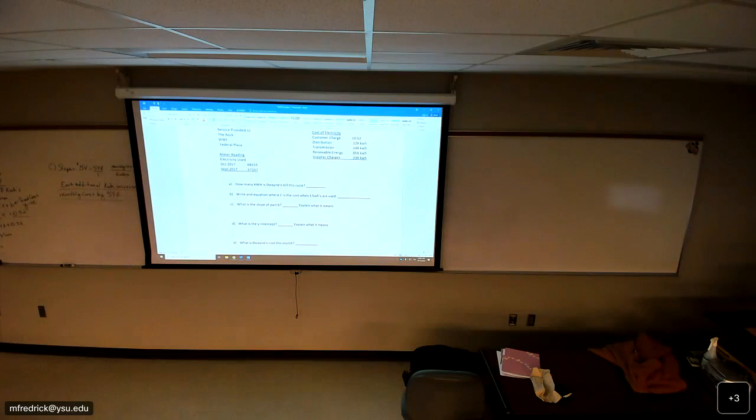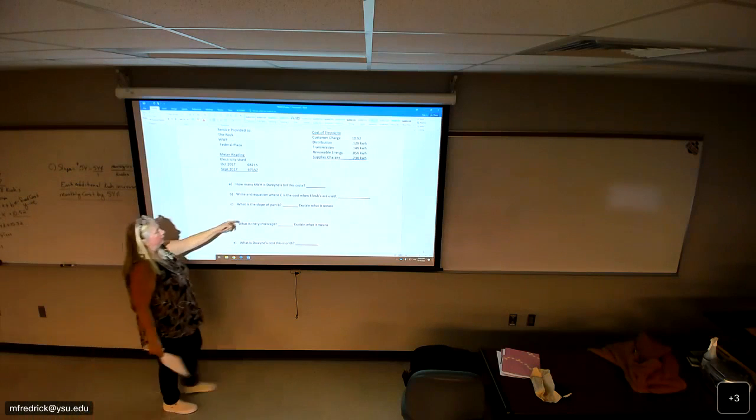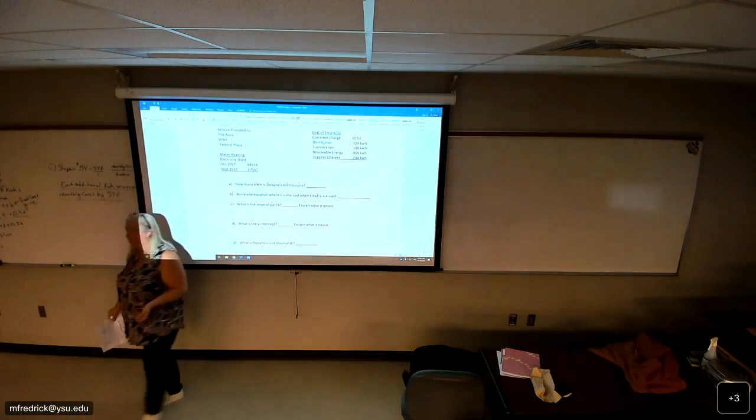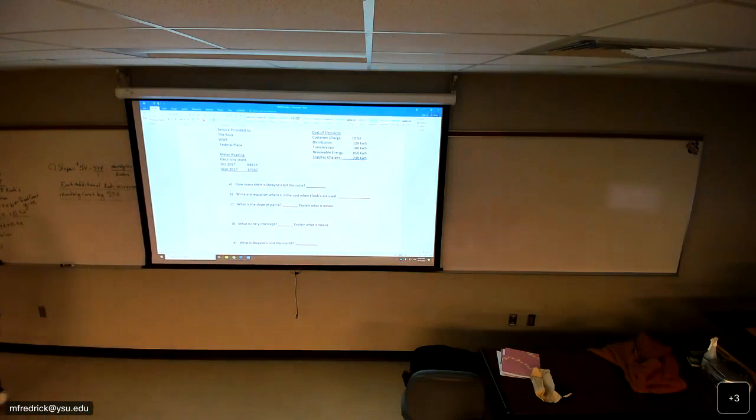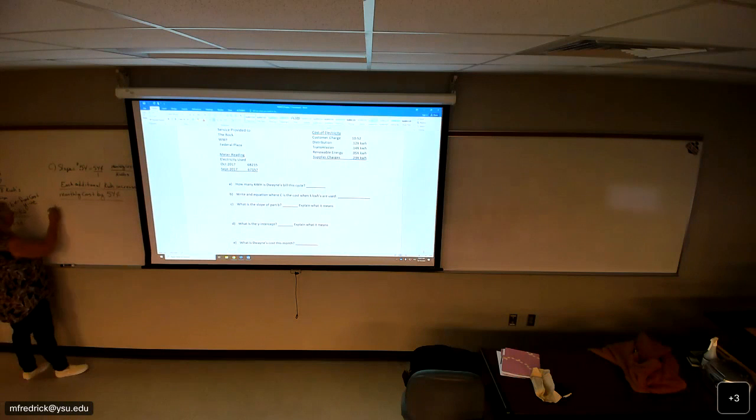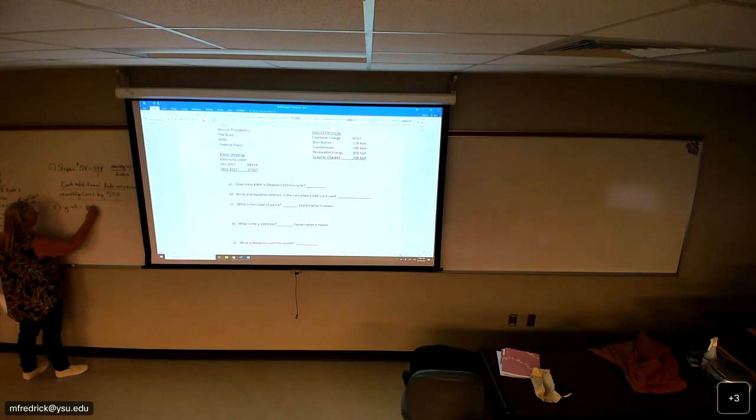Any questions on that? Usually all the blanks are a point, but then the explanations are usually 3 to 5, depending on what you're explaining. Y-intercept was the 10.52.